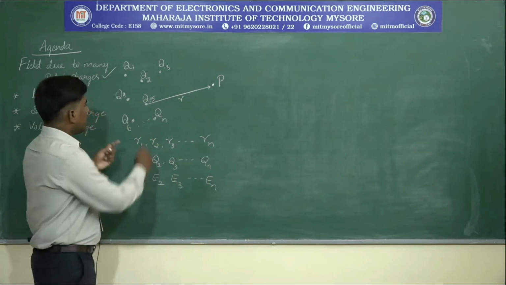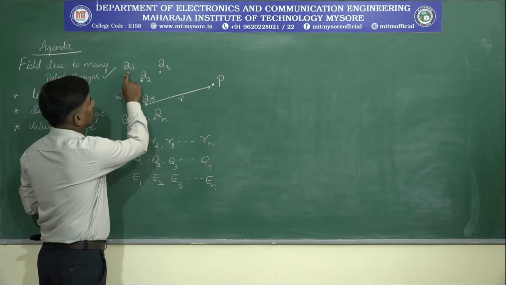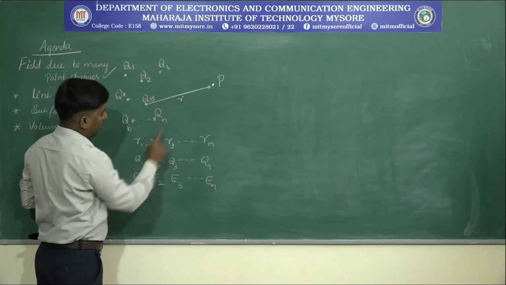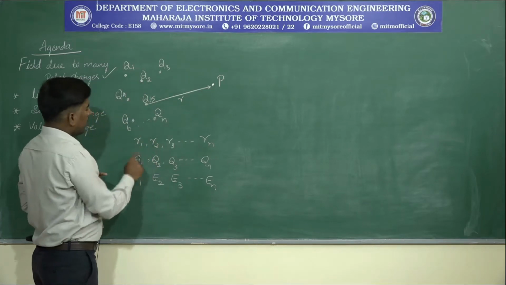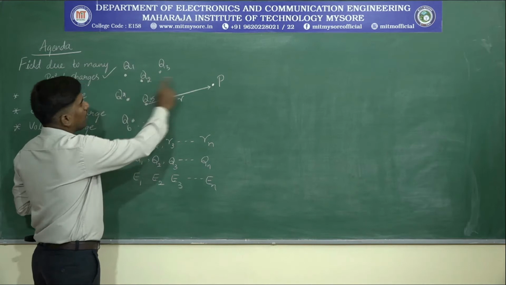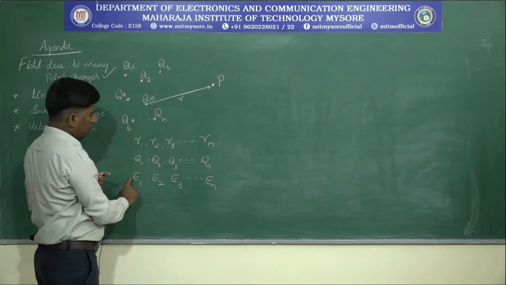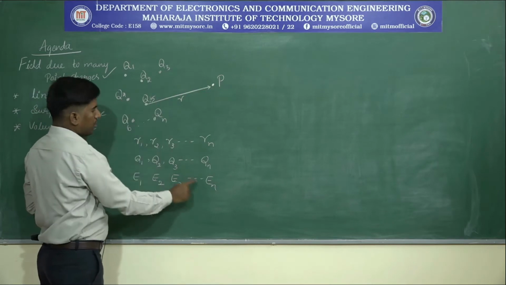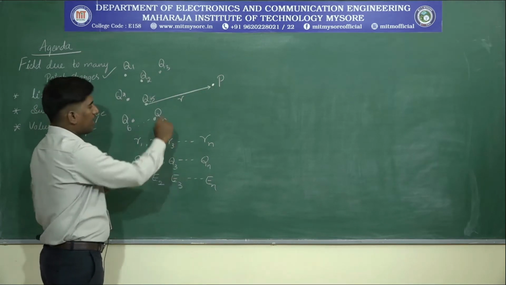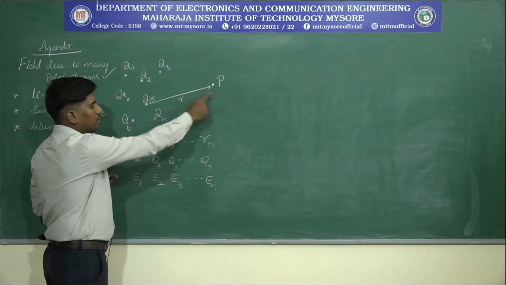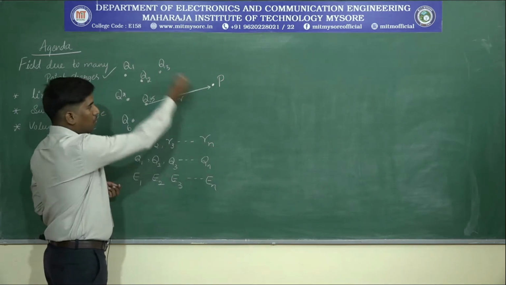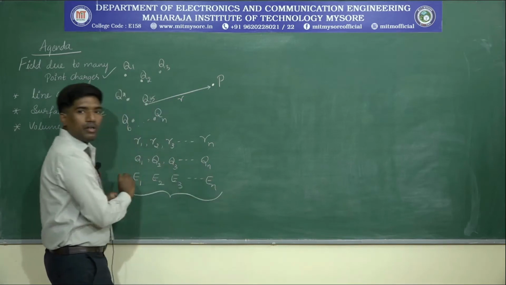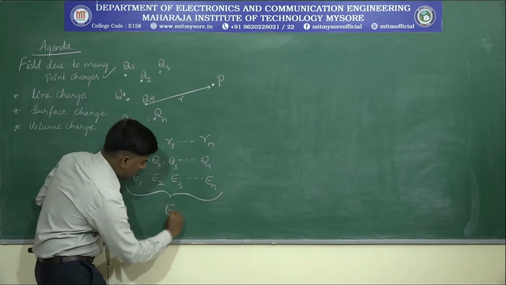The distance between Q1 and P is R1, and between Q2 and P is R2. Similarly, the electric field intensity at P due to Q1 is E1, due to Q5 is E5, and due to Qn is En. The overall electric field intensity produced by all these point charges is E.